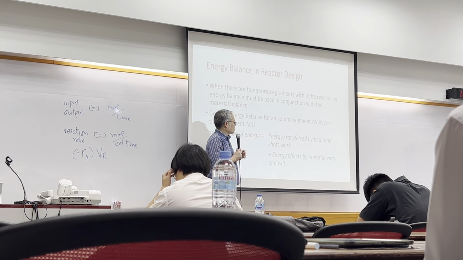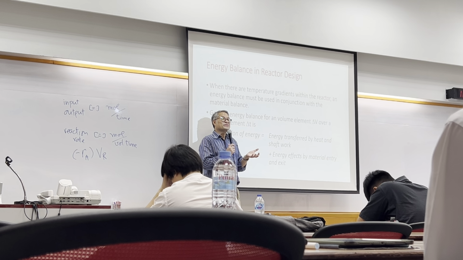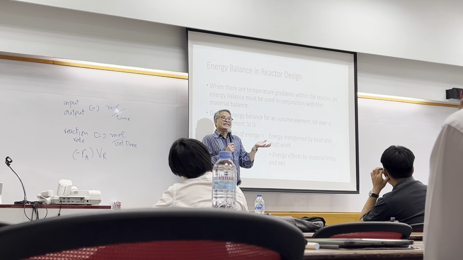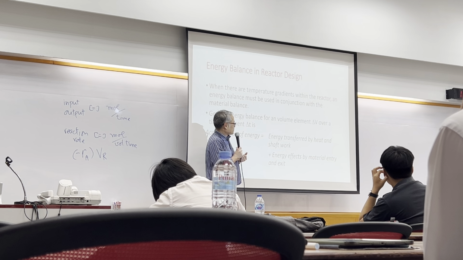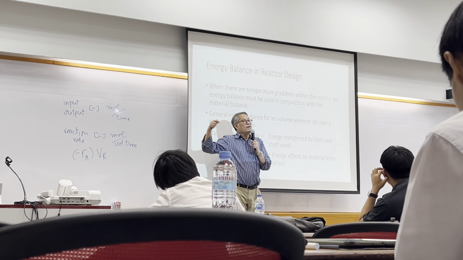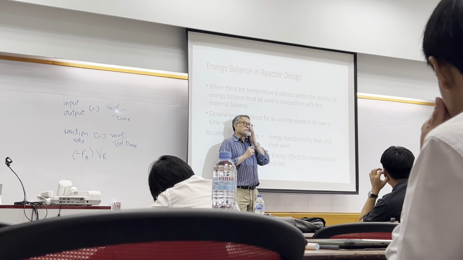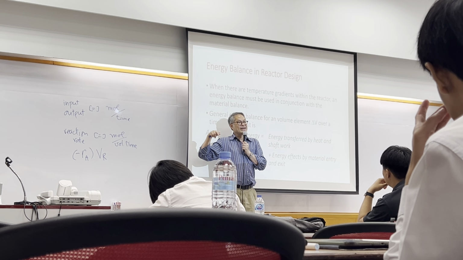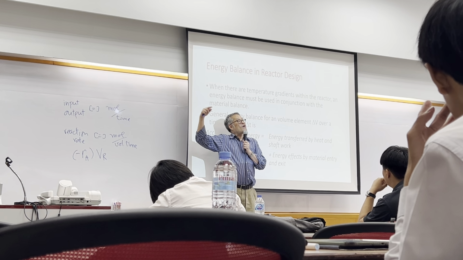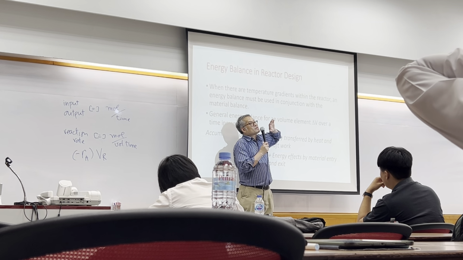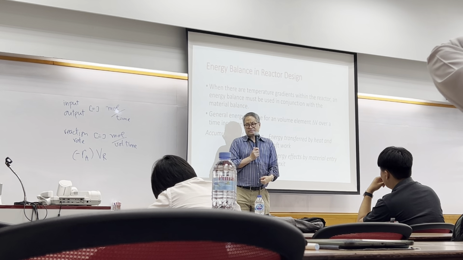So this is Q dot and WS dot, right? Heat transfer and then shaft work. And then it also has energy effects of material coming in and going out, because materials coming in carry some enthalpy, right? It will be enthalpy of materials coming in, and then we have enthalpy of materials leaving, right?